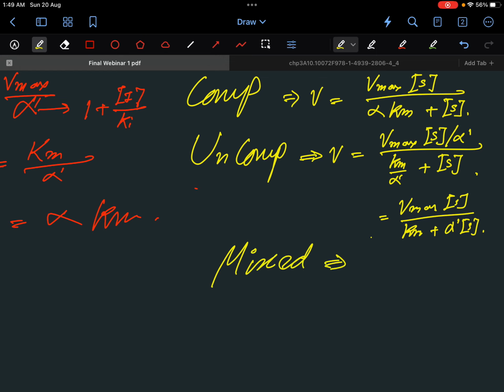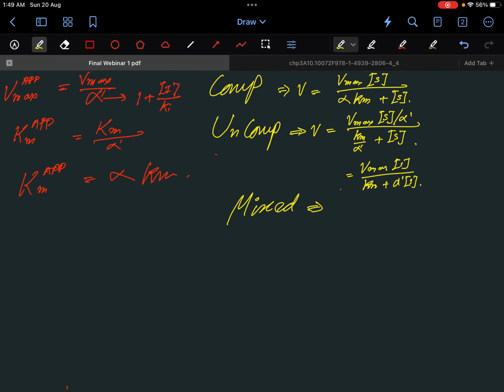So for mixed, as I told you, both things will happen. The competitive and uncompetitive will happen. So what is the Km apparent for competitive? It is this one. What is the Km apparent for uncompetitive?